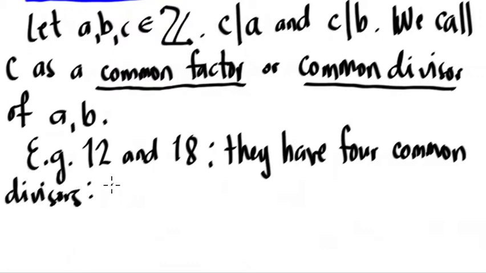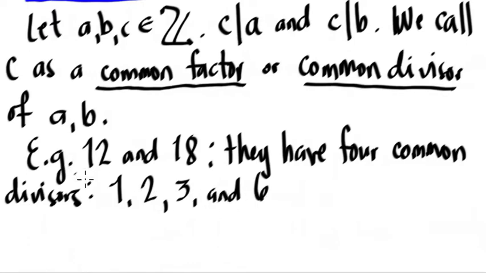That is 1, 2, 3, and 6. Notice all these numbers can divide both of them, and it is common to both of them. Of course, 1 is a trivial common factor. It is a common factor for all other numbers.